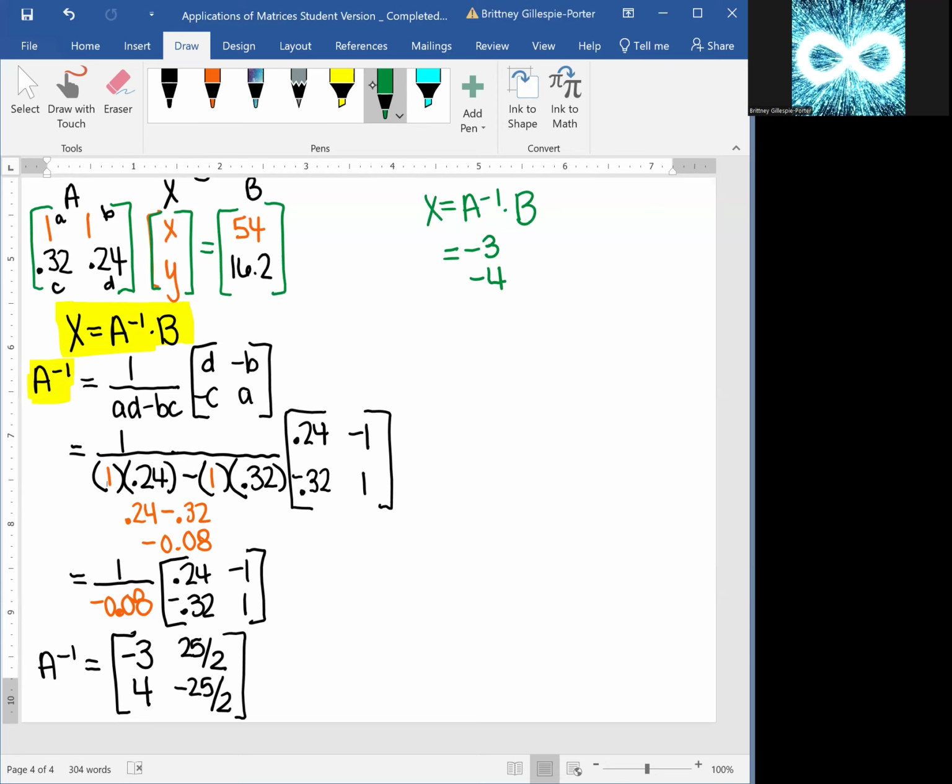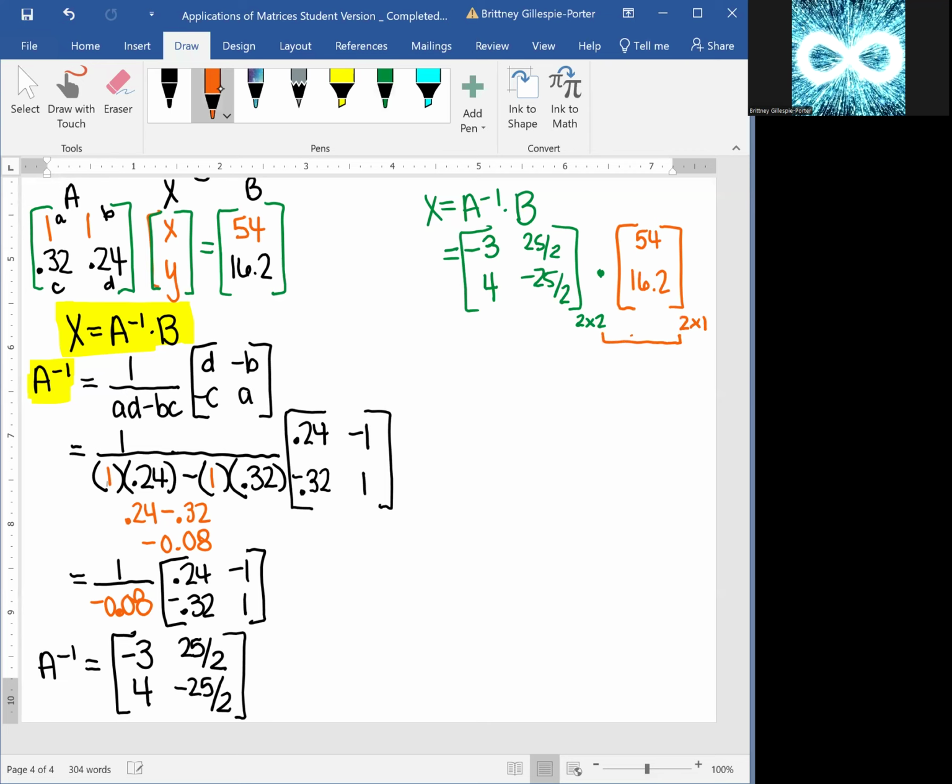Oops, adding in negatives when I shouldn't, sorry. So 4 in the first column, 25 over 2, and negative 25 over 2 in the second column. And that is a 2 by 2. We're going to multiply that by B, which was our constant matrix, our equal to matrix. And that is a 2 by 1.